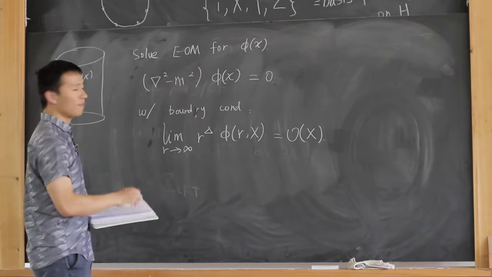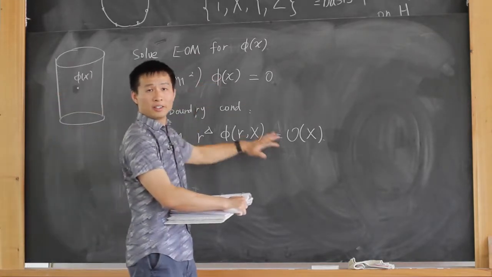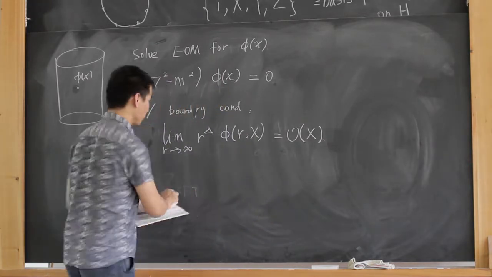That gives us a formula for phi in terms of O in the CFT.